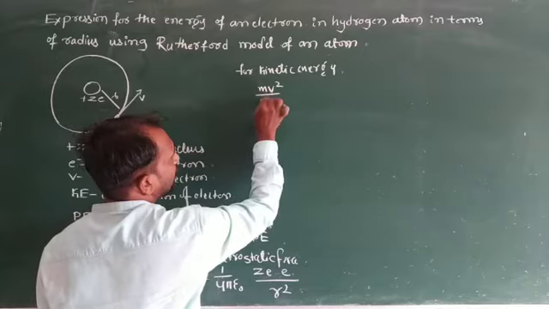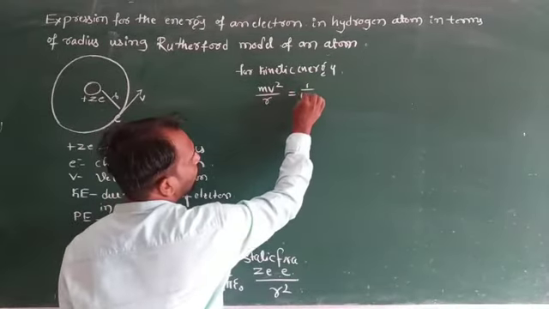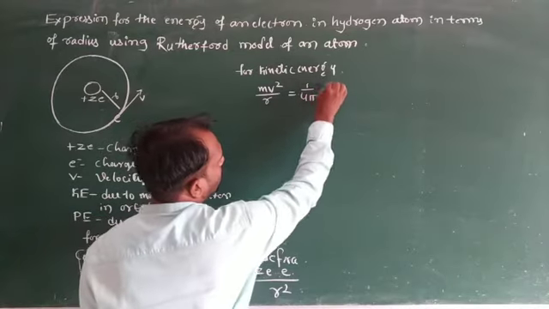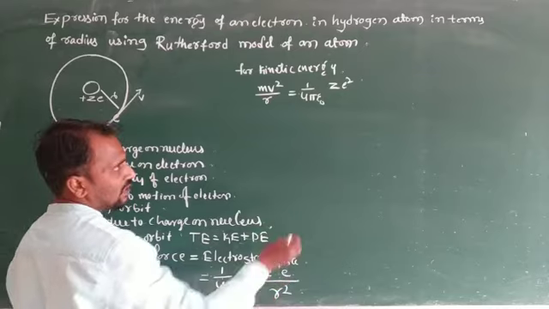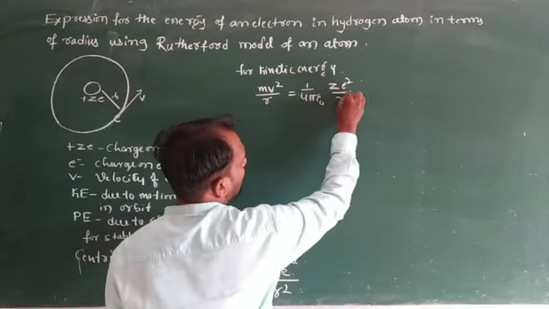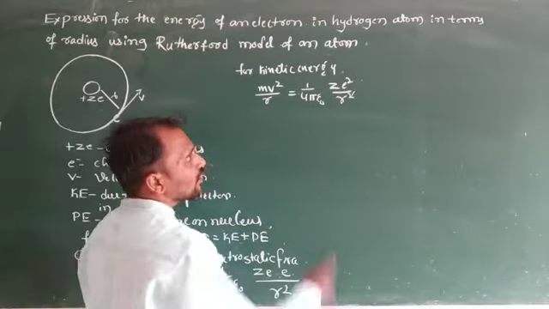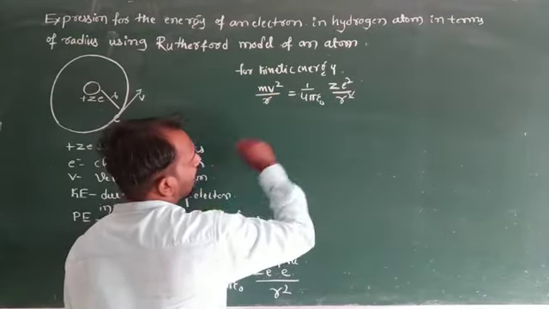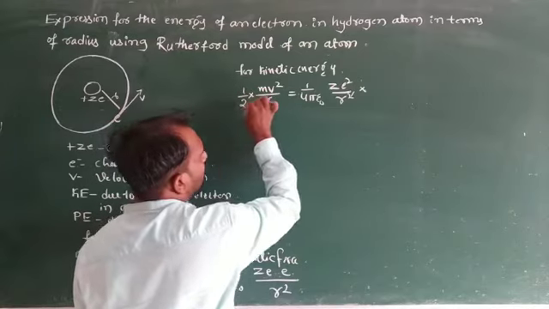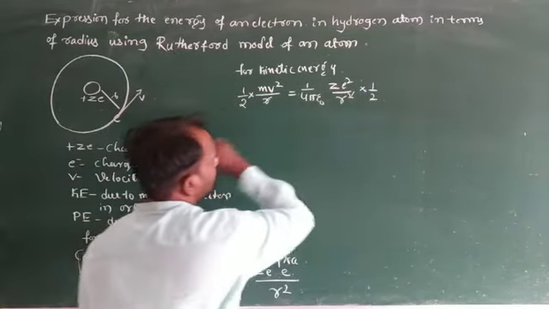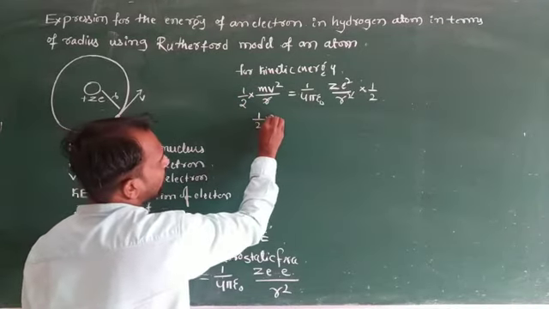mv square divided by r is equal to 1 by 4 pi epsilon naught Z E square divided by r square, because e into e square divided by r square. So r square and r cancel, and multiply both sides by 1 by 2 to get half mv square.